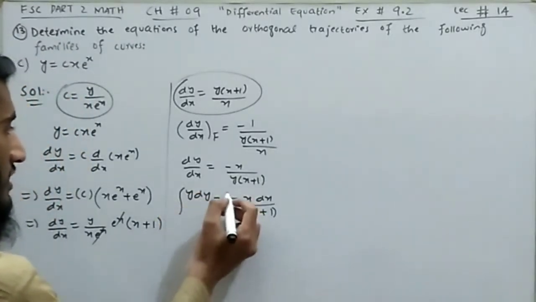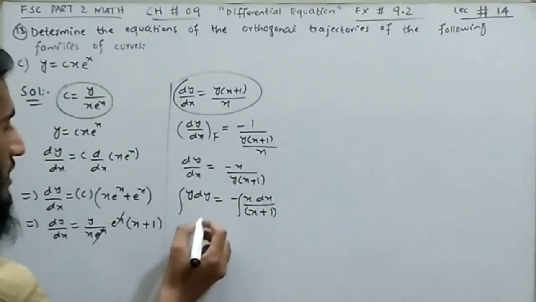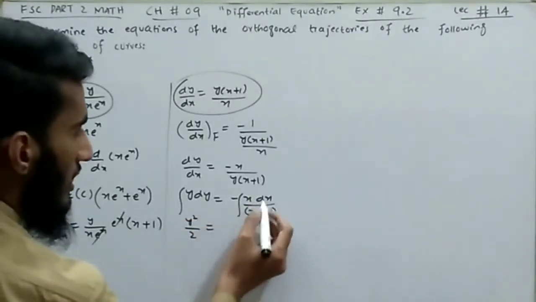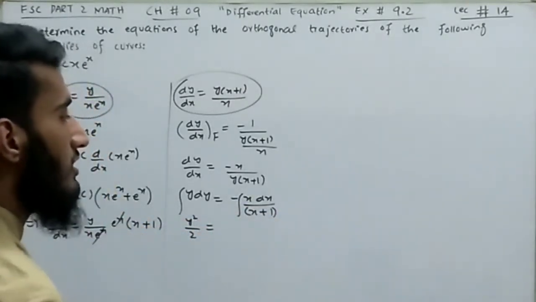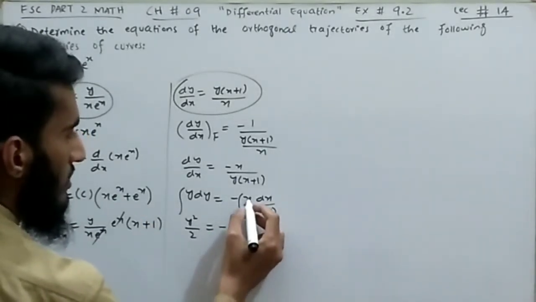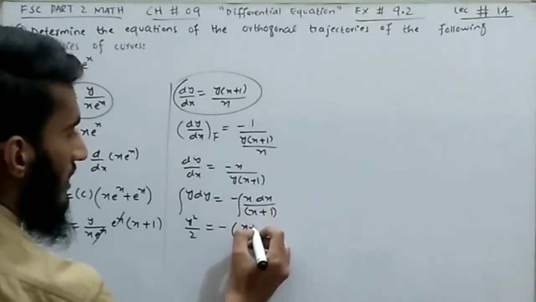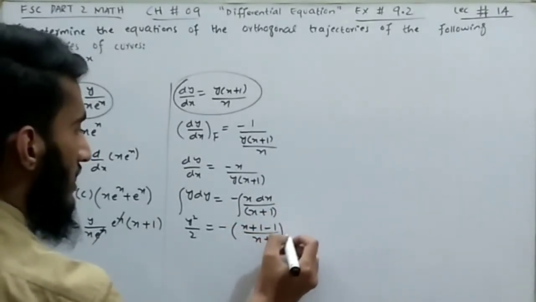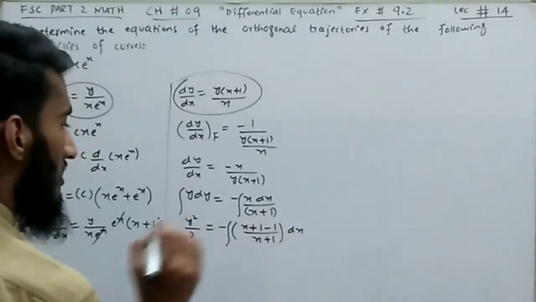Taking the indefinite integral on both sides, y dy integrates to y square over 2. On the right I cannot integrate directly because this is an improper fraction, so I do a substitution: I add 1 to x and subtract 1, with x plus 1 in the denominator and the whole dx under the indefinite integral.